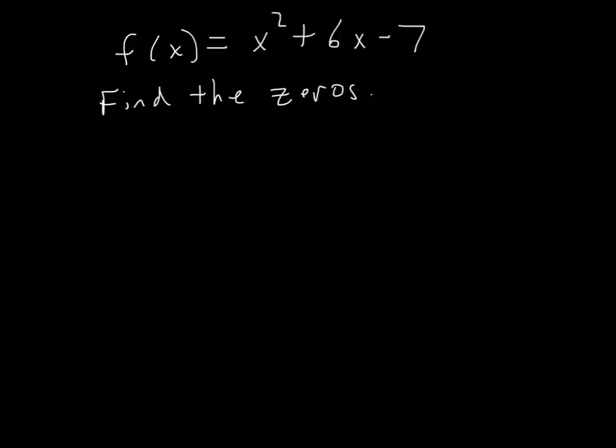And all that means is find out what x values you could put in here to make the function equal 0. Or to really say it real simple, 0 equals x squared plus 6x minus 7. And we need to now solve that equation.